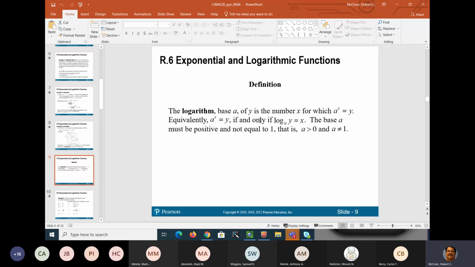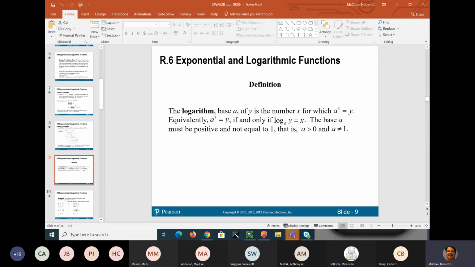So let me go back to the definition of a logarithm and do some changes because they do theirs backwards. A to the x, so change that to an x, is equal to y. Some people use a y right here, and you see they use an x. That's kind of backwards from the way people usually do it.